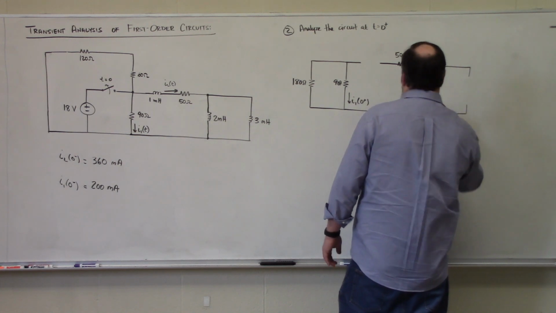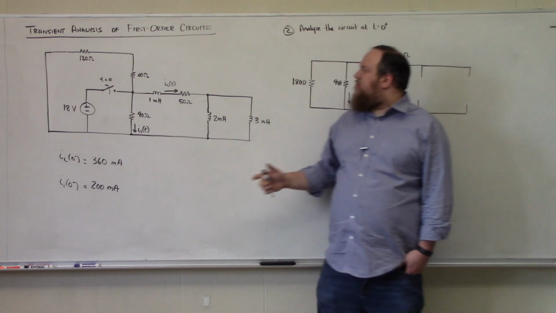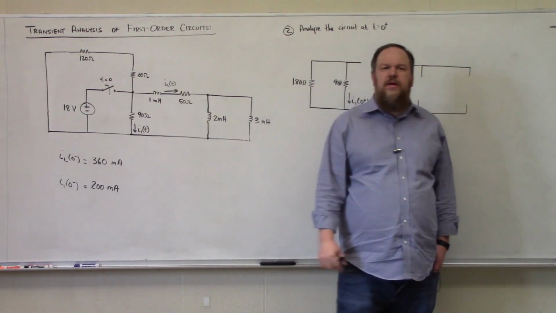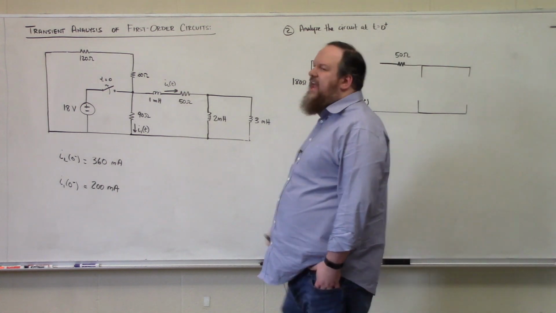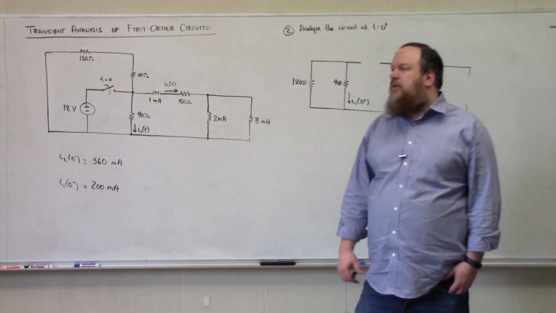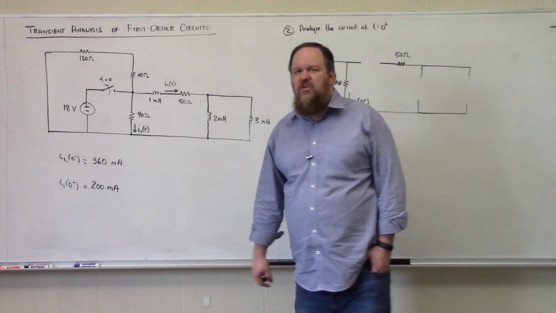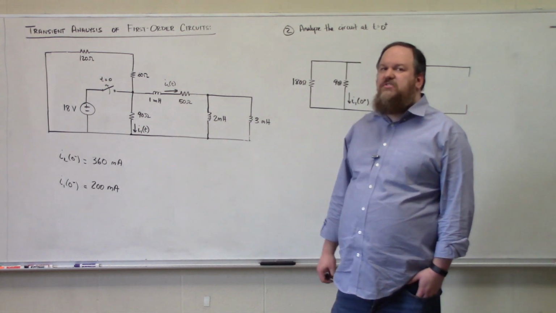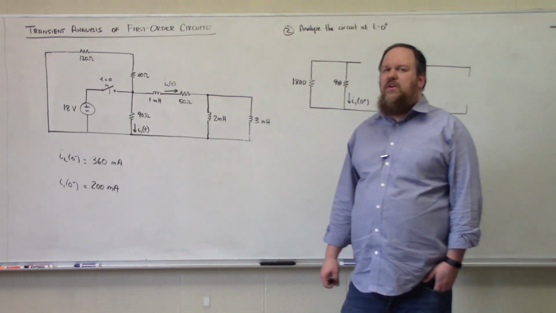So let's first talk about our 1 millihenry inductor through which our current IL of t is flowing. We know that the current through an inductor cannot change abruptly. So if there was 360 milliamps of current flowing at t is equal to 0 minus, there must continue to be 360 milliamps of current flowing at t is equal to 0 plus.